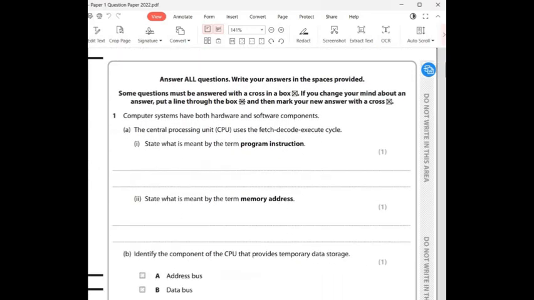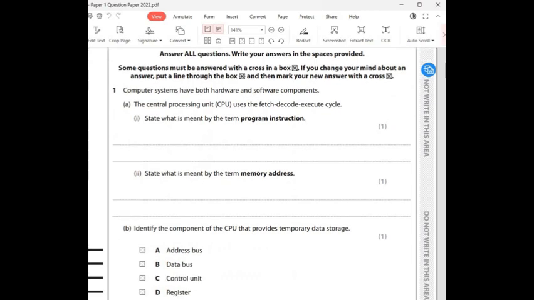So, let's look at the first question. Computer systems have both hardware and software components. The central processing unit uses a fetch, decode, execute cycle. We need to state what is meant by the term program instruction.